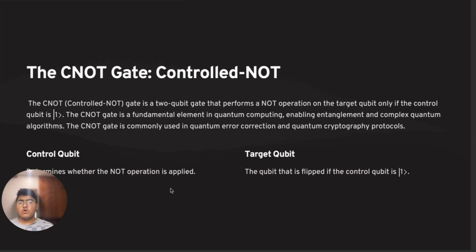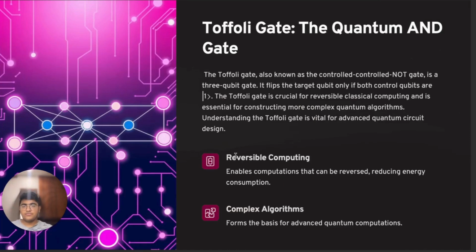So let's move on to the next gate, which is the Toffoli gate. The Toffoli gate, or CCNOT gate, flips the target qubit only when both control qubits are ket 1. This is the quantum equivalent of the logical AND gate used in classical computers, but it is reversible.